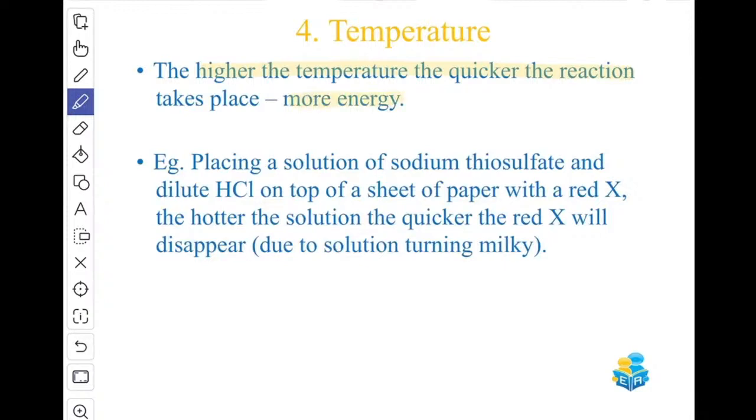If you have more heat, the particles will have more energy to move around. That's something very basic from junior cert. If you have a liquid and you add heat to it, the particles can start to move around and that will cause them to change state, so the reaction can happen quicker. So higher temperature means quicker reaction, and that is because there is more energy.